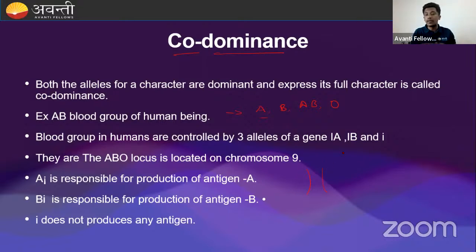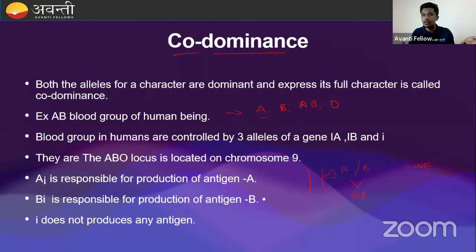The genes that are present in your cells actually produce a particular type of glycoprotein, or a polysaccharide, that produces an antigen of type A or type B, or together A and B, or none of them, that is O. Okay, there are almost 20 different types of antigens that are present on your blood cells. One such important antigen is the A type antigen, the B type antigen, and then you have the RH antigen that we look into, correct, right?